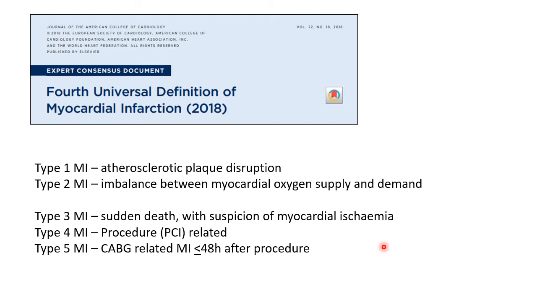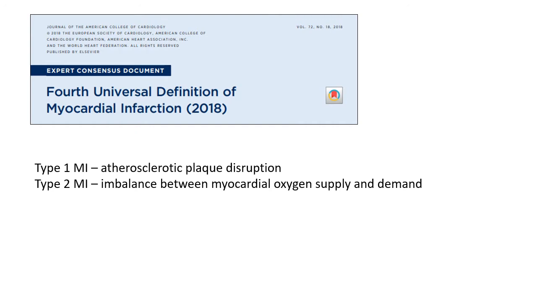There are other types, including type 3, sudden death, type 4, procedure, percutaneous coronary intervention related, or type 5, related to coronary artery bypass grafting within 48 hours of the procedure. But we're going to focus mainly on type 1 and type 2.